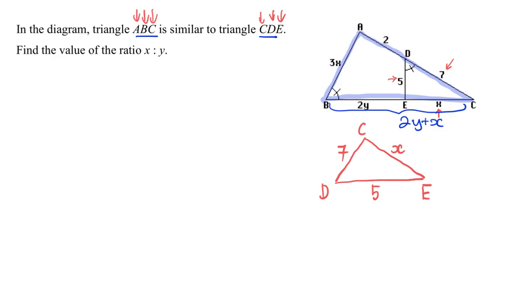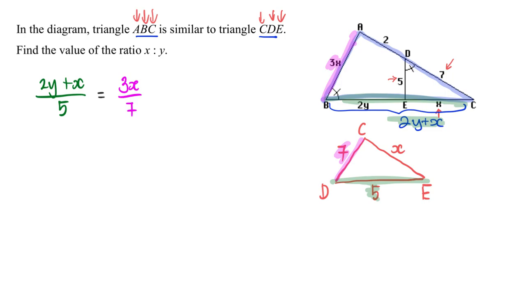And this will be the corresponding length with 5. So I would then have my 2y plus x over 5. Now, I saw that 3x and 7 are also corresponding lengths, and this one are equal to each other.